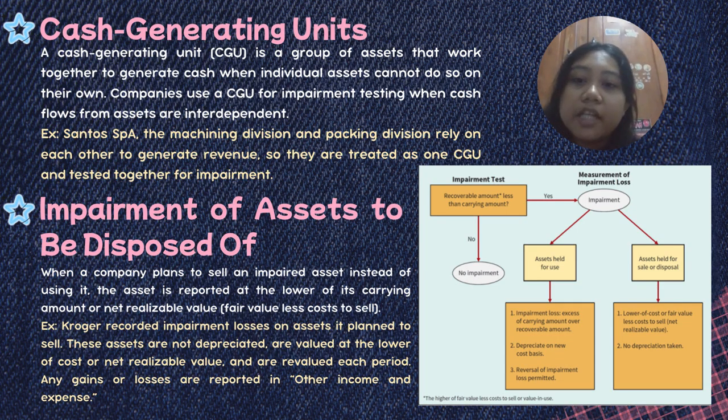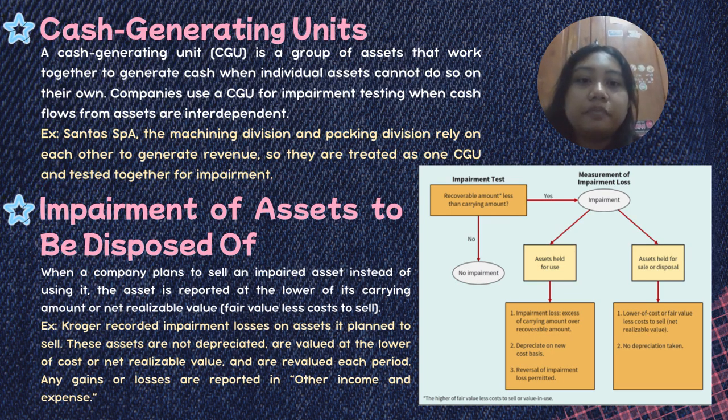The example is when Kroger recorded impairment losses on assets it planned to sell. These assets are not depreciated, are valued at the lower of cost or net realizable value, and are revalued each period. Any gains or losses are reported in other income and expense account.